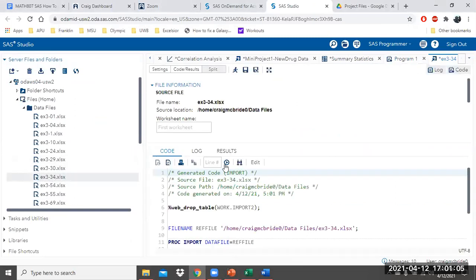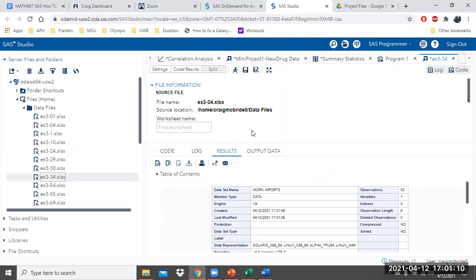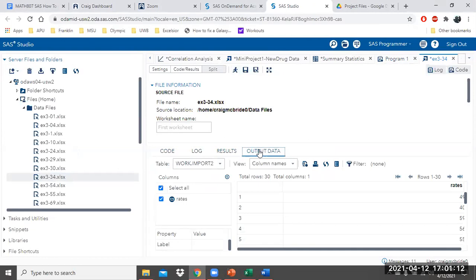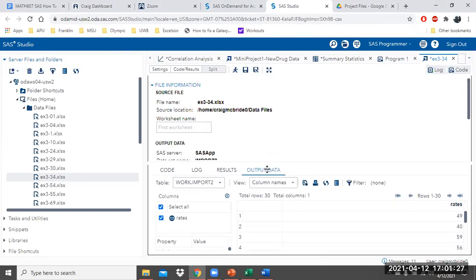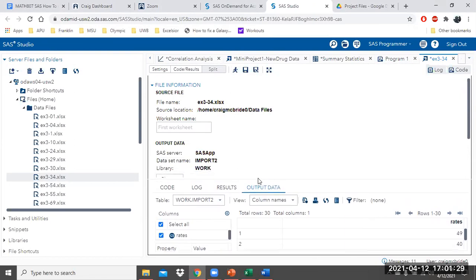All right. So I always say start from scratch. Go back and reload your data. Make sure your data is loaded. So I've got the data for 3.34 loaded. And I check and see, okay, all I have is basically this rates variable. And make sure you know where it loaded. So it's import two.